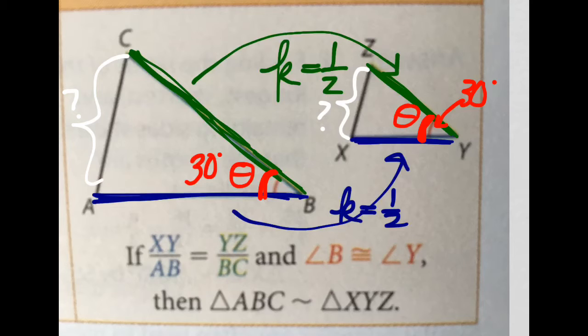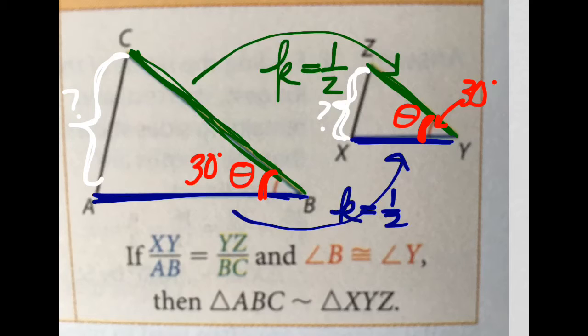If those have the same scale factor, that's not quite enough information to prove the triangles similar, because if you're only using sides, you have to have all three. We just talked about that. If I don't have any dimensions for that third side, I can't use side, side, side.